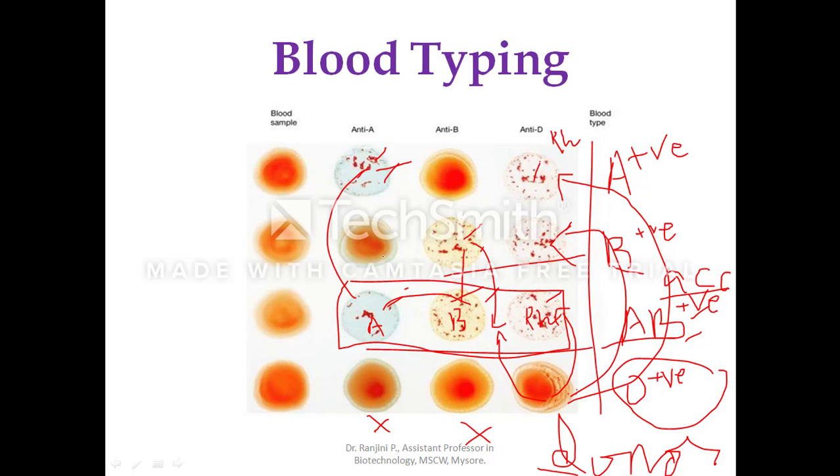I hope you understood. So take a clean glass slide, take the blood typing kit, open and keep it, and then label your slide into 3 circles, A, B, D. To the A circle you add anti-A antisera, to the B circle you add anti-B antisera, and to the D circle you add the Rh antibodies, designated as anti-D antisera.